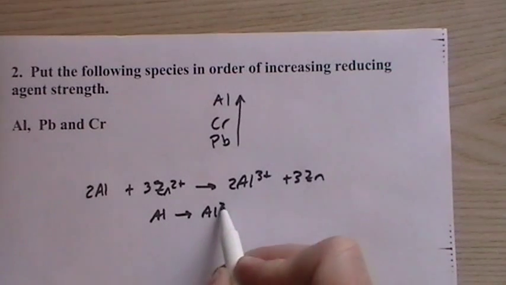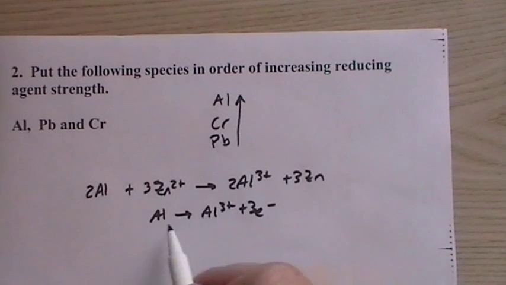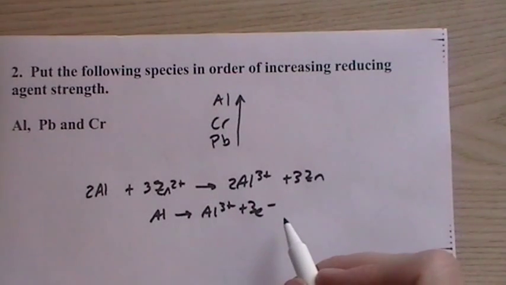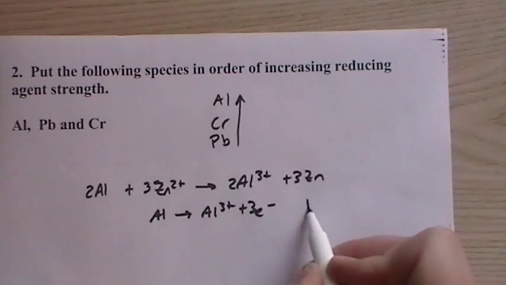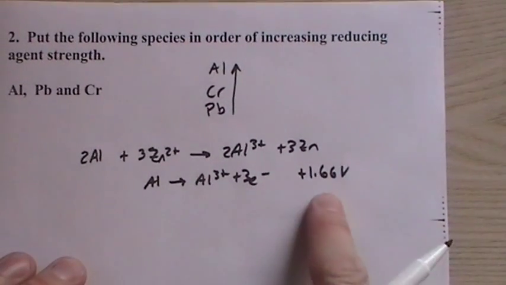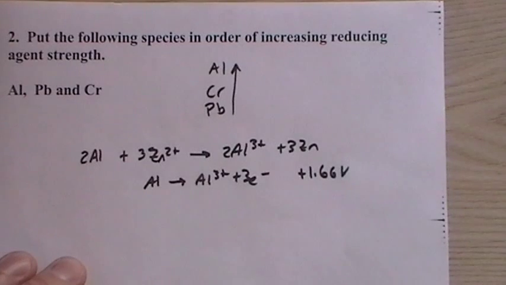Aluminum going to aluminum plus 3 electrons is the reverse, that's the oxidation, and they have the reduction form in the table. So this is plus 1.66. We have to take the negative value of the original reduction value, which was negative 1.66, so we change the sign.